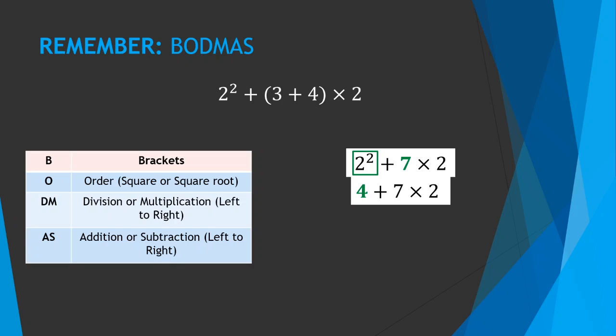Now the next one says division or multiplication, whichever one comes first, left to right, and we've only got multiplication, so we're going to multiply 7 times 2, which gives us 14. Then we've got addition and subtraction, whichever one comes first, and we've only got addition, so that means our answer is 18. So make sure you take this with you when we're doing algebra. It's very important.